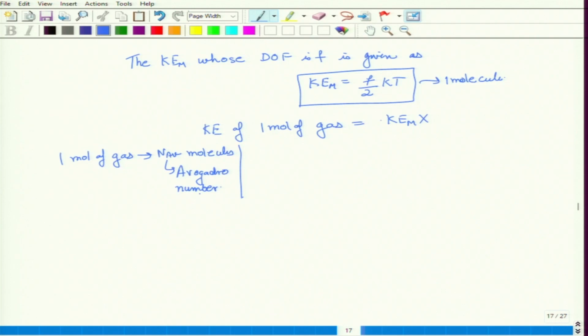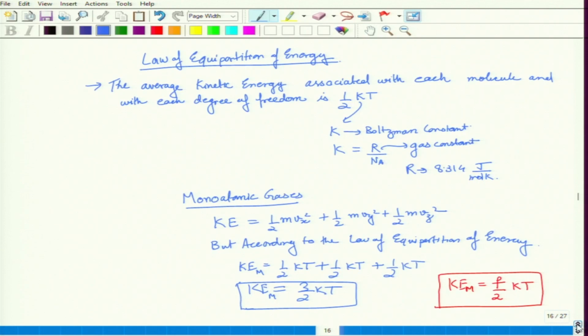So the kinetic energy of 1 mole of gas is KE of a molecule into Na. So this becomes F by 2 kT into Na. If I have to write the expression of k, I know that k is R by Na.